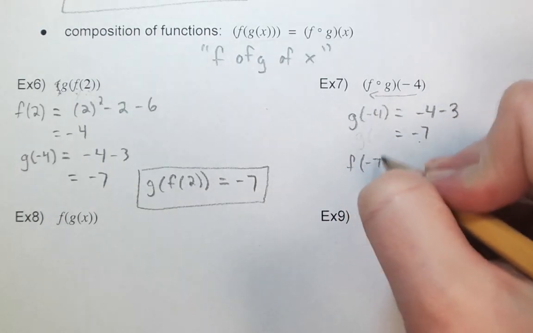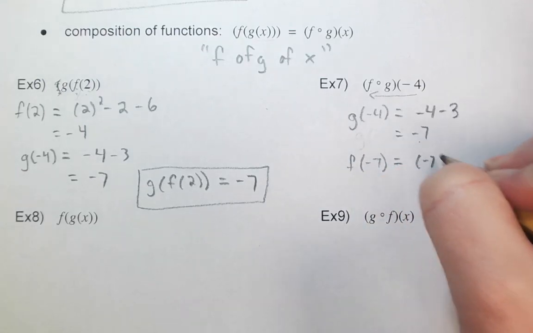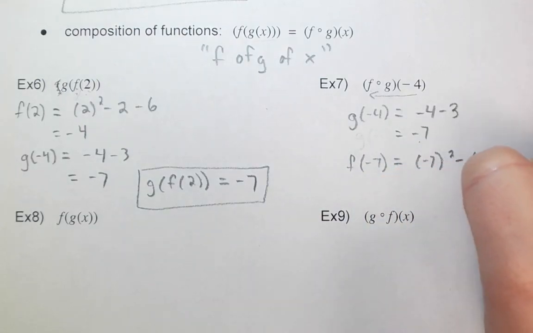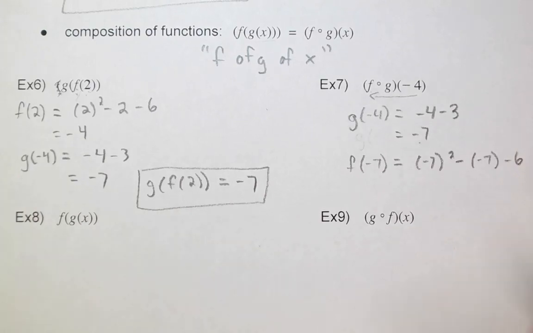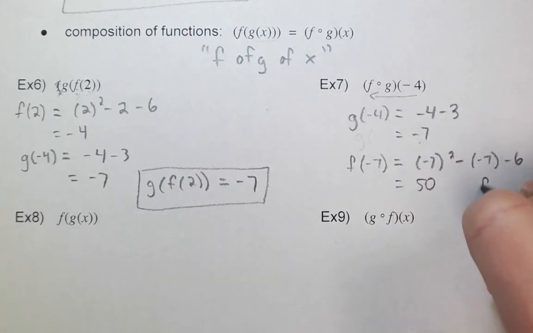So now I'm doing f of -7. So this gives us what? So f of g of -4 is 50.